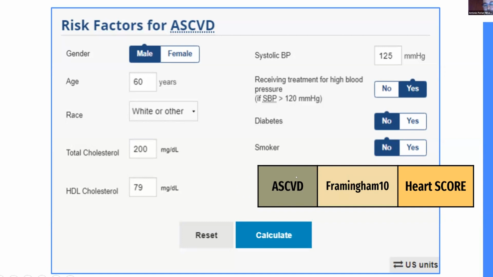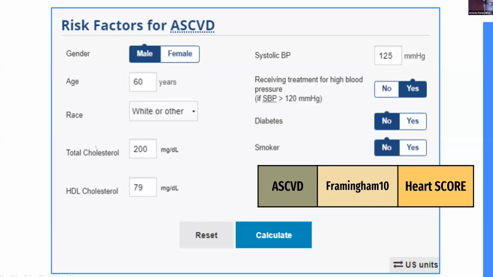These are the three traditional ones that can calculate the risk that you have of suffering a CVD in a range of 10 years, just with your demographic features such as gender and age, and some risk factors.